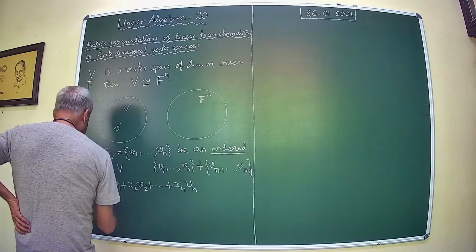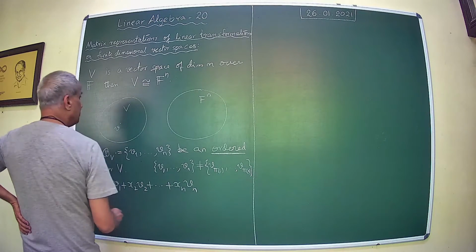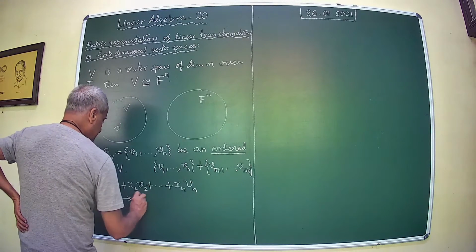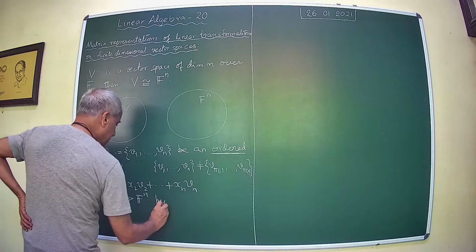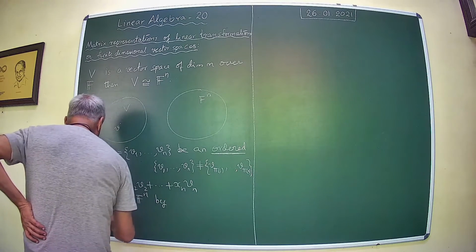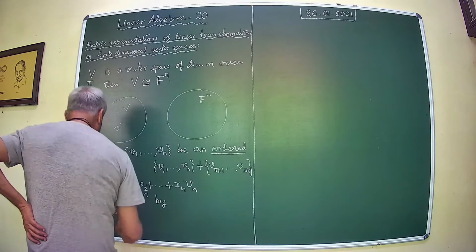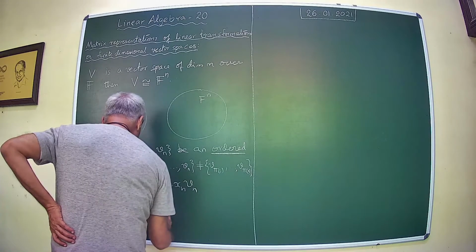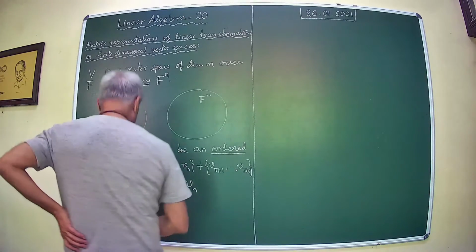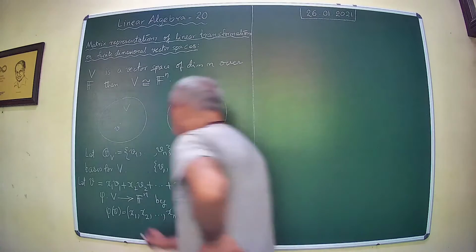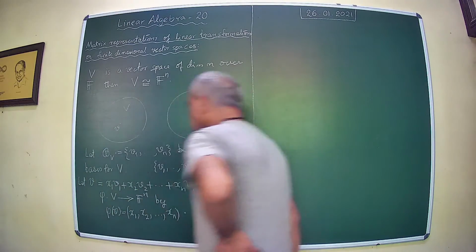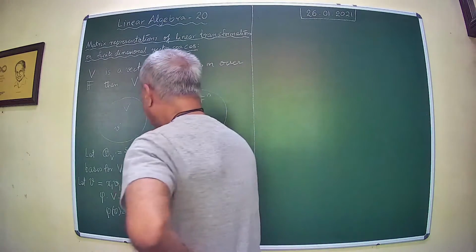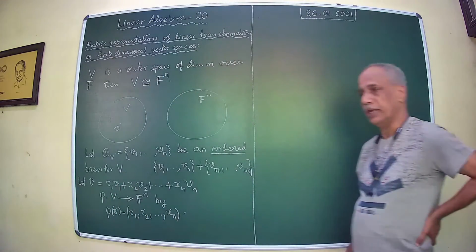We defined a function phi from V to F^n by phi of v equal to (x1, x2, ..., xn), where v is given by x1 v1 plus x2 v2 plus ... plus xn vn.